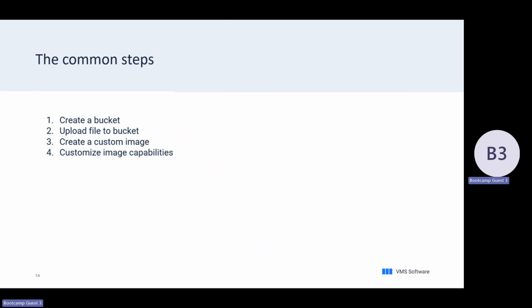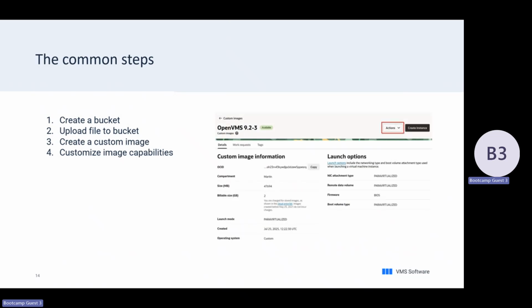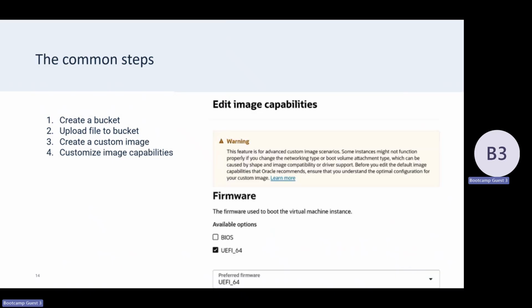This is where we get into customizing VMS capabilities. Your newly created custom image, navigate there, you edit image capabilities, and hold on. So we mentioned that there is not a lot of customizability. This is not entirely true. We have a lot of options that we can configure, but you don't need to know all of it.